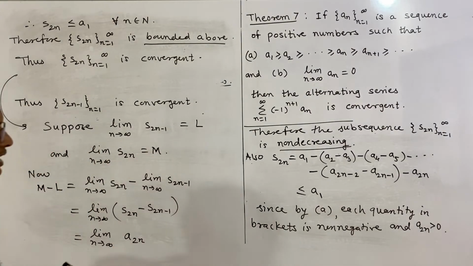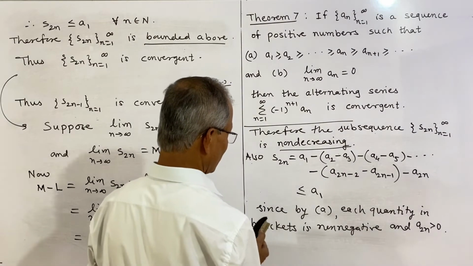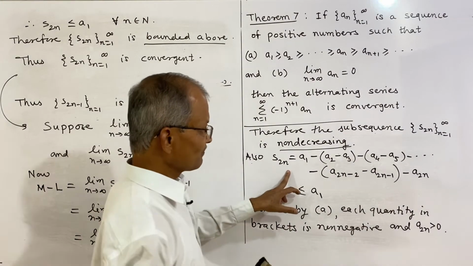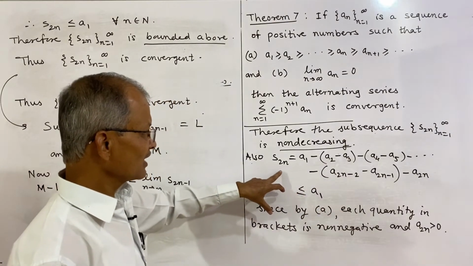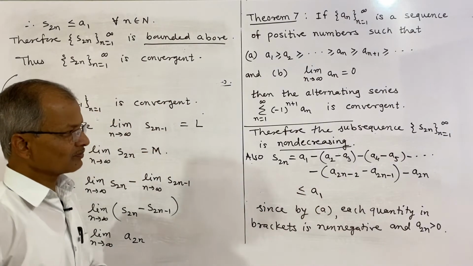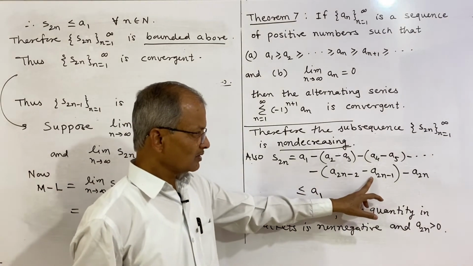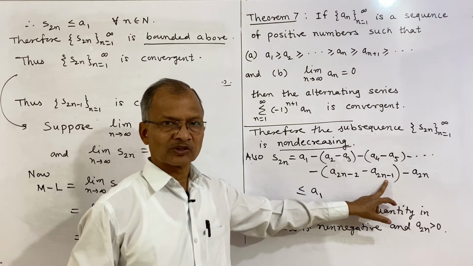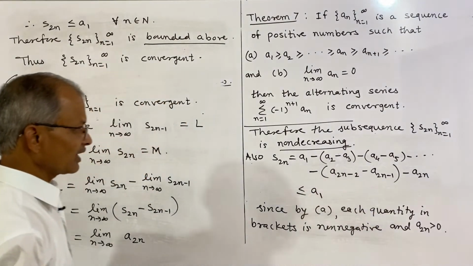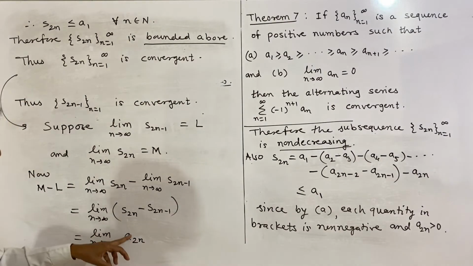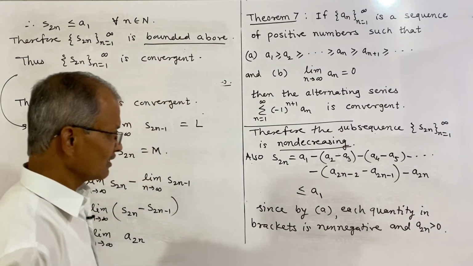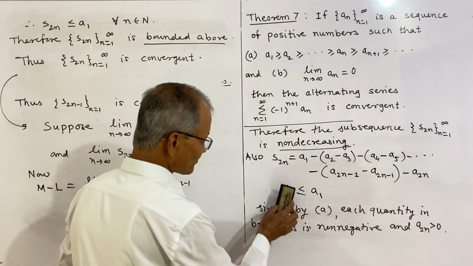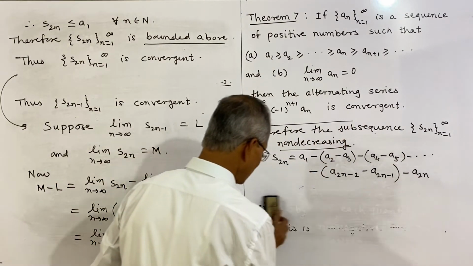See, s2n minus s2n minus 1. So here it is s2n. These are the terms. And what is s2n minus 1? s2n minus 1 will be the sum of the terms up to a2n minus 1, and in their subtraction, the term remains as negative, minus a2n will remain. These terms will cancel. So this is s2n, and what is s2n minus 1?